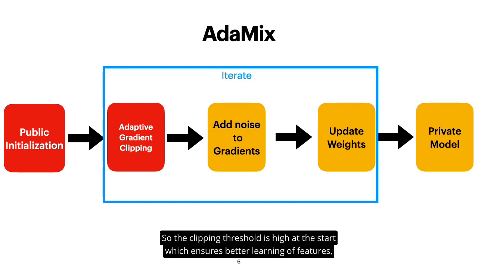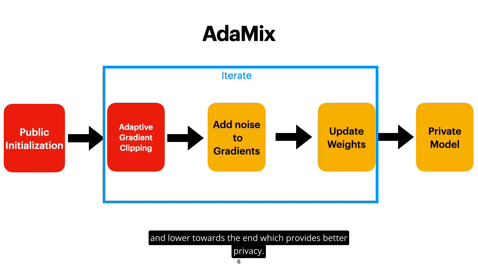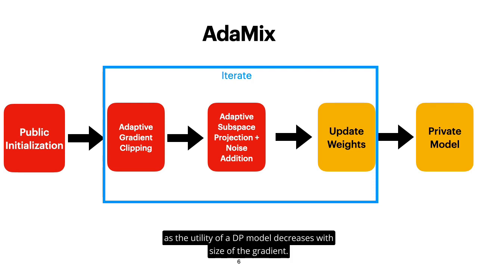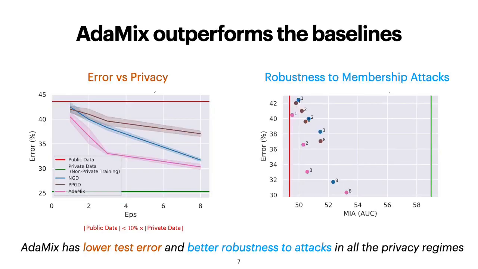So the clipping threshold is high at the start of the training, which ensures better learning of features, and lower towards the end, which provides better privacy. Finally, we project the gradient on a smaller subspace and add noise in the small subspace, as the utility of a DP model decreases with the size of the gradient. We construct the subspace adaptively using the public data. This gives us the ADAMX algorithm.